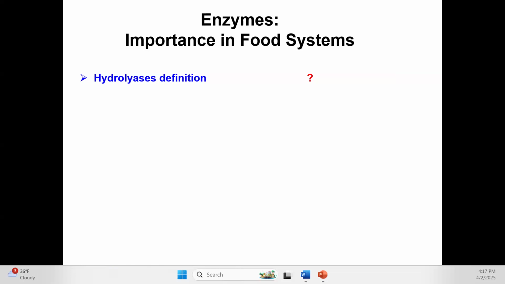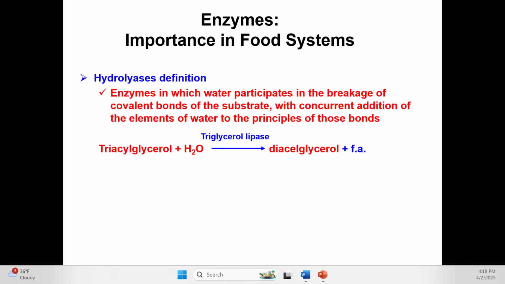Protease is one, lipase is another, lactase is another, sucrase or invertase is another. So hydro, what's the role of water? When you break the bond, the parts of water, OH and H, become part of the products. They get absorbed by the products. So the elements of water go to the broken bonds.